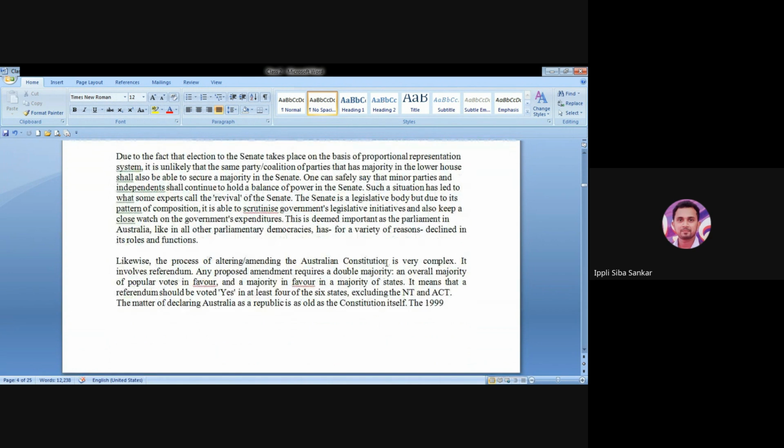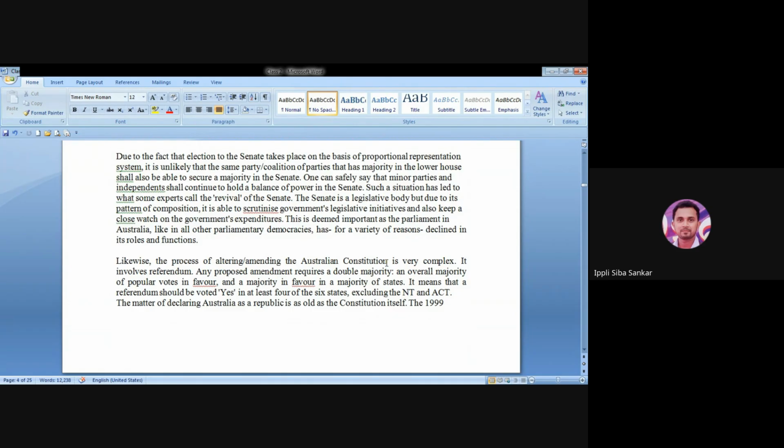Due to the fact that elections of the Senate take place on the basis of the proportional representation system. What is proportional representation? We'll discuss it later, along with the preferential election system. It is unlikely that the same party or coalition of parties that has a majority in the lower house shall also be able to secure a majority in the Senate.